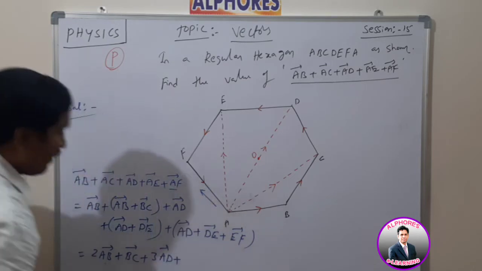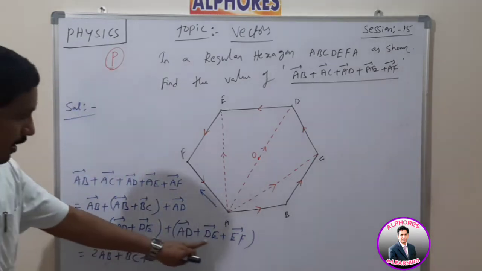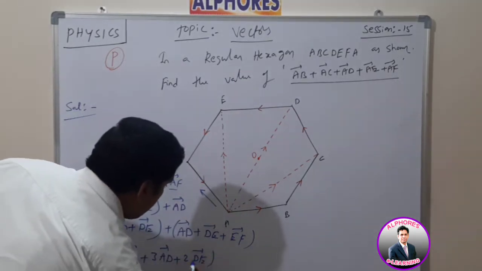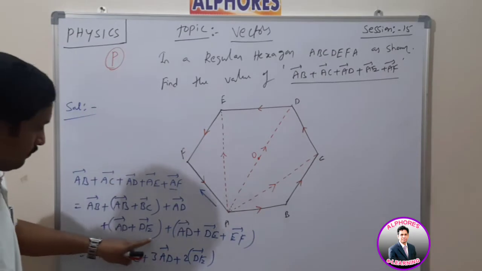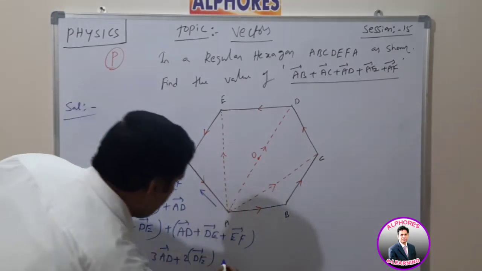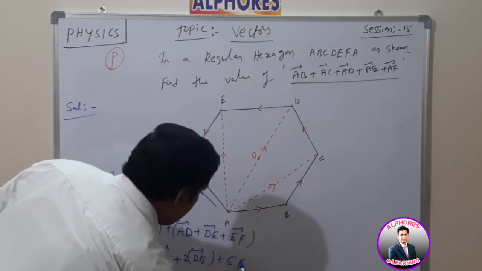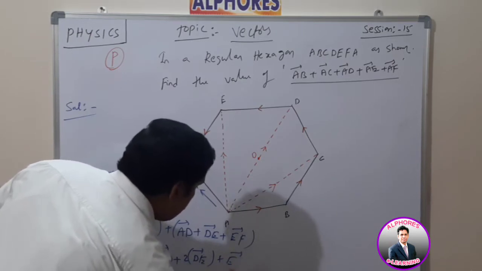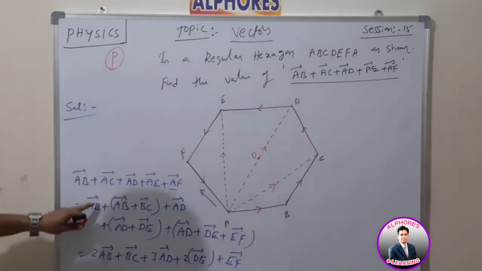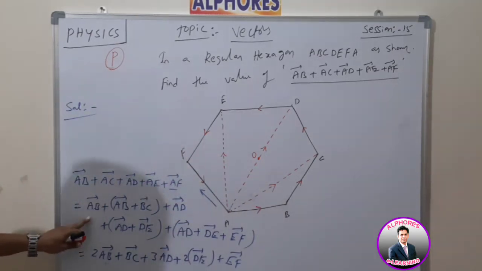Next, plus after that one DE bar there, another DE, that means 2 into DE bar. Next, one more term is there, EF bar.